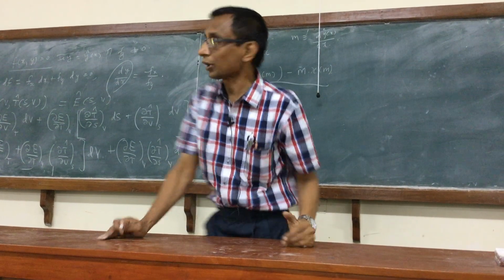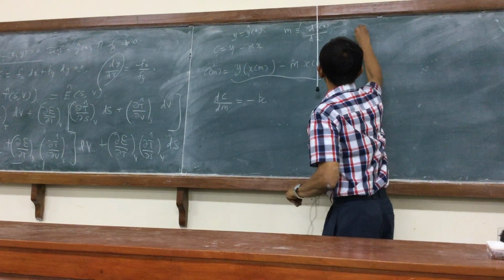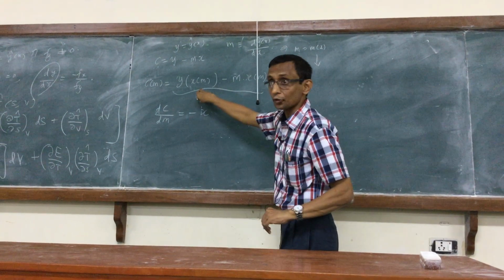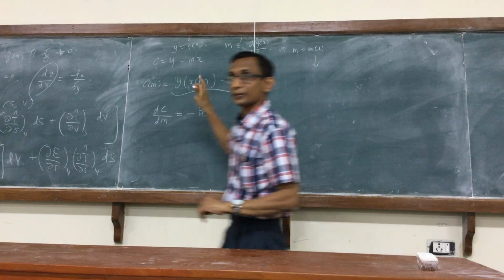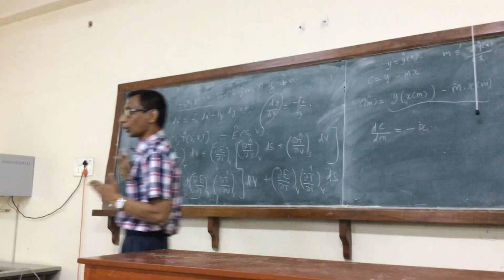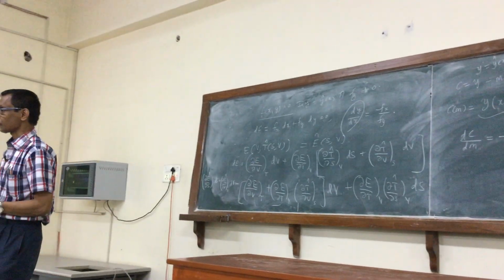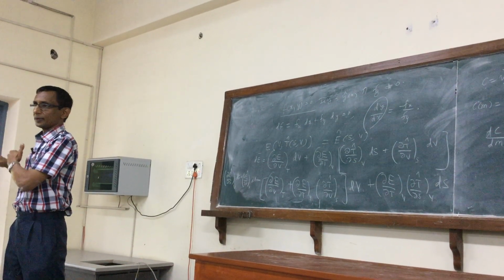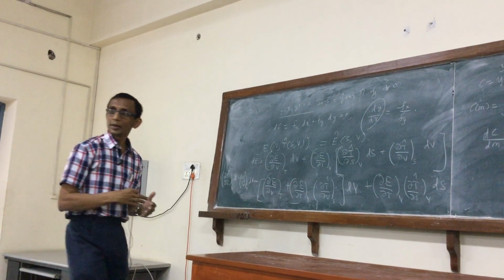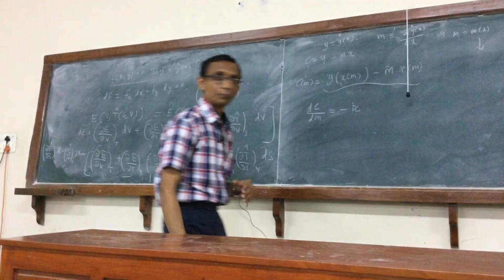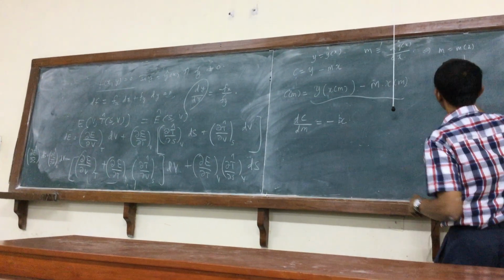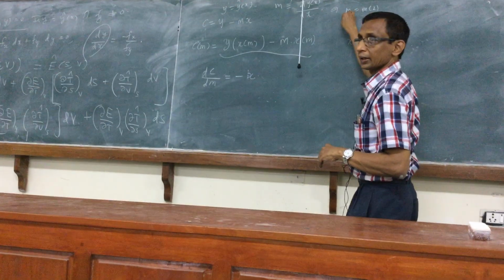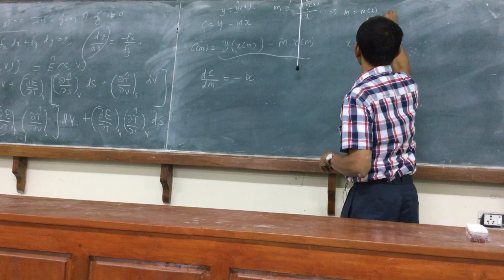Then, because I have from here m as a function of x, what I want, to be able to evaluate this derivative securely, is x to be expressed as a function of m. And I know that if m is a function of x, it's not necessary that x can be expressed as a function of m. So the sufficient condition is dm by dx, the invertibility condition.